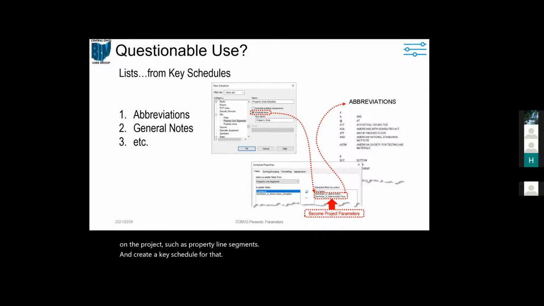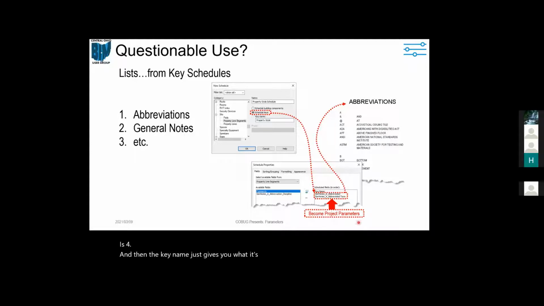Once you've done that, you can create other parameters within that schedule that you can define. So the abbreviation term versus the abbreviation. So you've got where that term is, and then what that abbreviation is for, and then the key name just gives you what it's under.